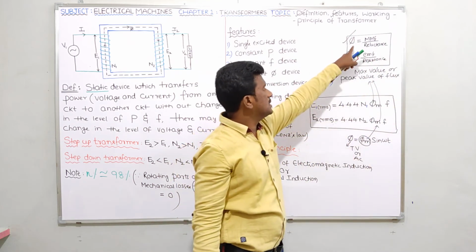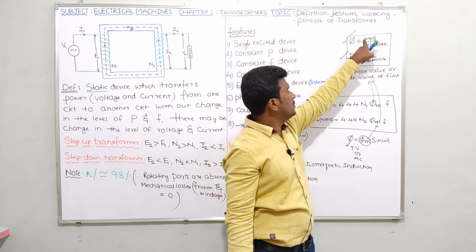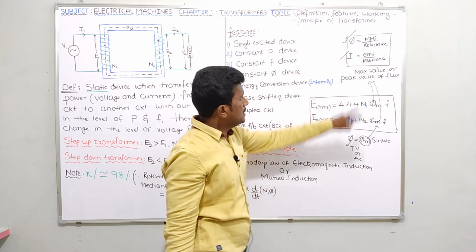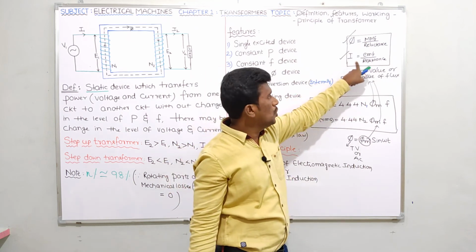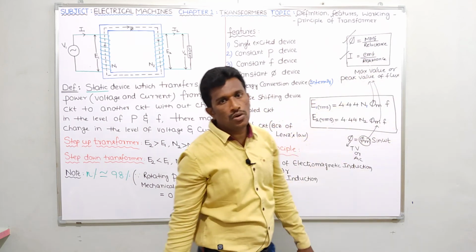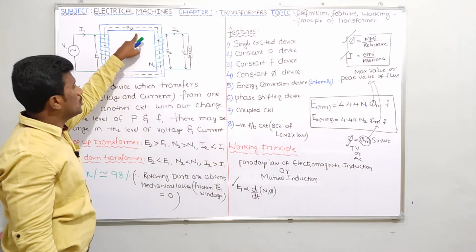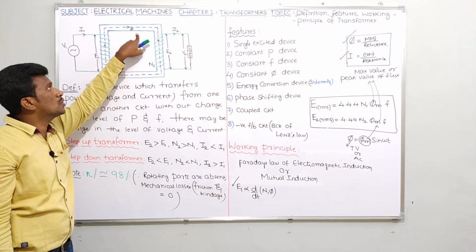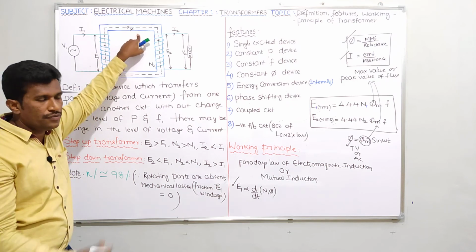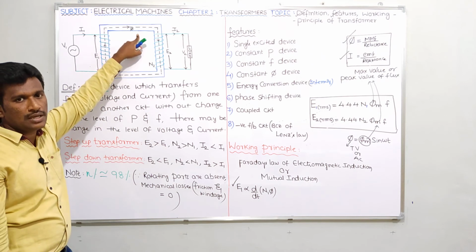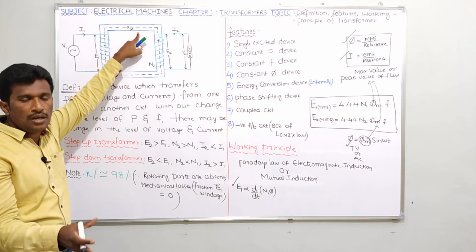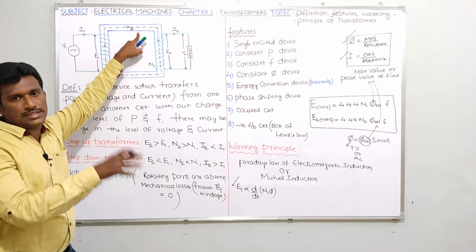So flux is analogous to current, MMF is analogous to EMF, and reluctance is analogous to resistance. Just like current always passes through low resistance, flux always passes through low reluctance. Here the transformer core is made of ferromagnetic material, and we'll discuss the transformer core separately in future. Transformer core is made of a material whose reluctance is less.